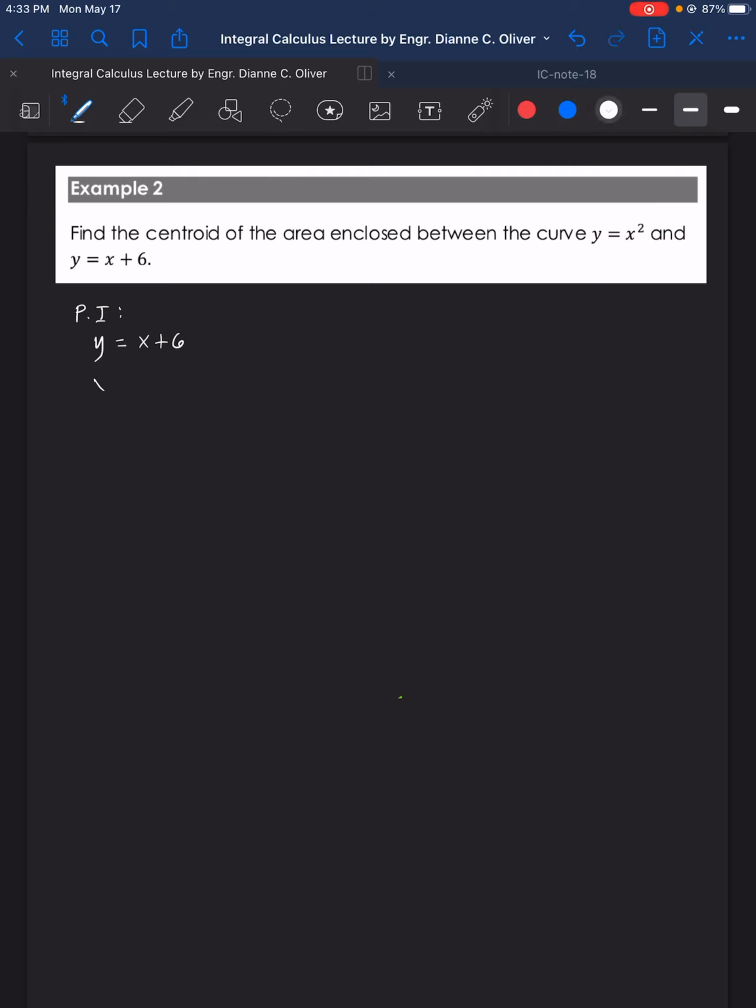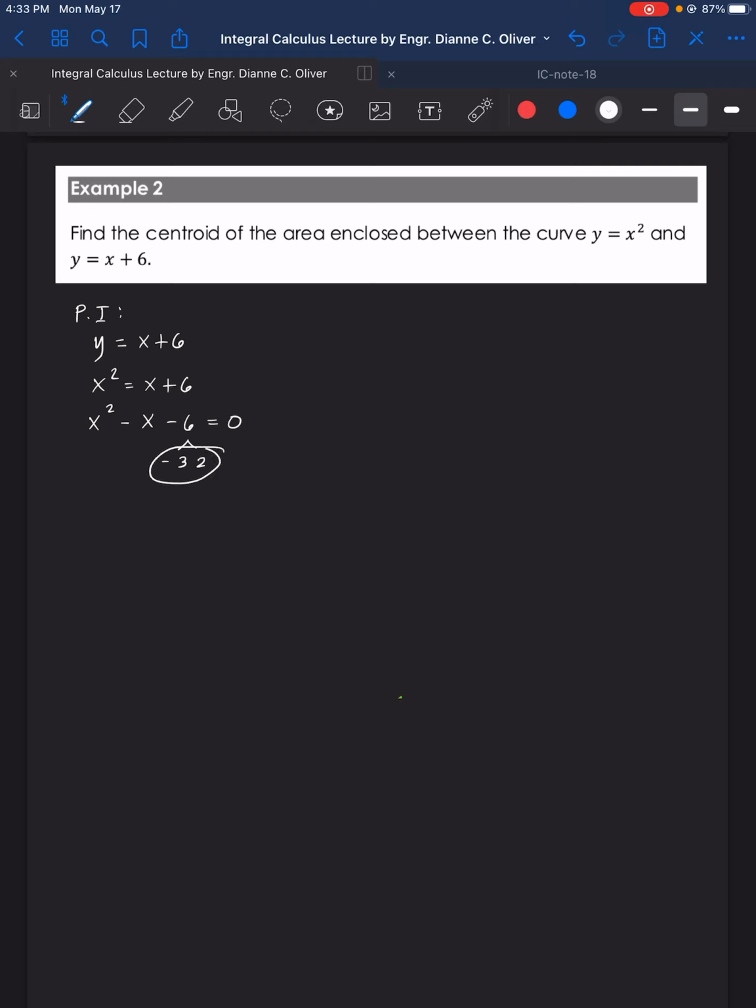So we have here x squared equals x plus 6. So we have x squared minus x minus 6 is equal to 0. To have the value of negative 6, we multiply negative 3 and 2.